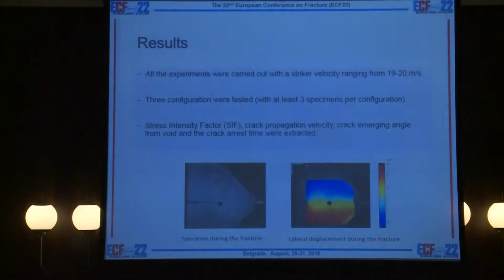Striker velocity varies from 19 to 20 meters per second, which is controlled by the pressure in the gas cylinder of the Hopkinson bar, as I mentioned before. And there are 3 configurations of specimens: stress intensity factor, crack propagation velocity, and crack arrest time in the void.